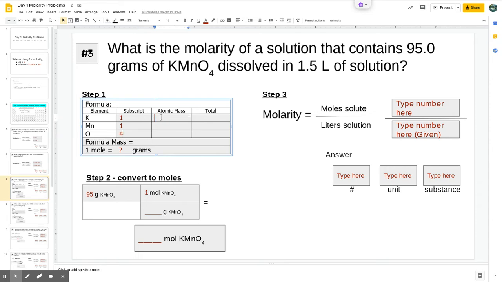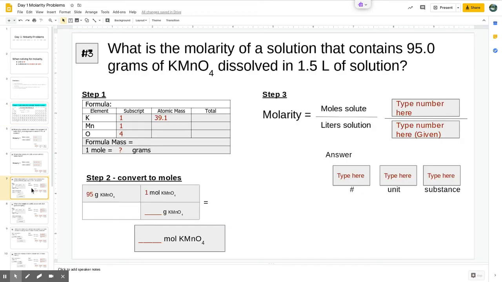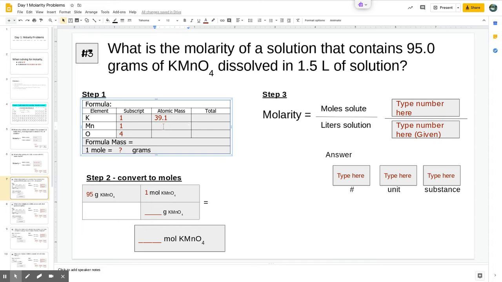The mass of K is 39.1. Mn, I can't remember, so I'm going to go back. I see Mn is right here, 54.9. Oxygen we use all the time. It's 16. So I multiply across.